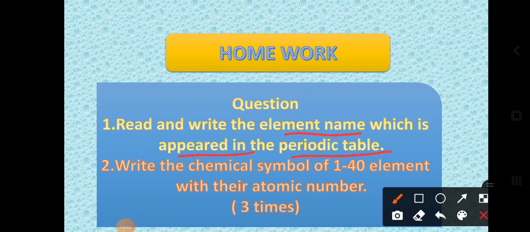Just do one thing: prepare this chart, and whatever element names we have discussed here, keep it with you and revise it daily. The second homework is to write the chemical symbols of elements 1 to 40 with their atomic numbers. The serial number, as I told you, is nothing but the atomic number, so you have to be perfect with it. How many times do you have to write? Only 3 times. So be perfect with these element names.